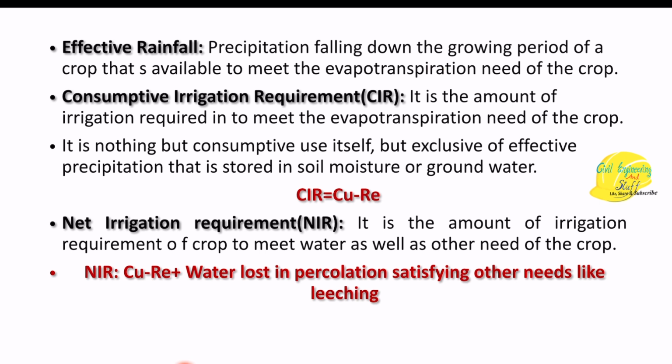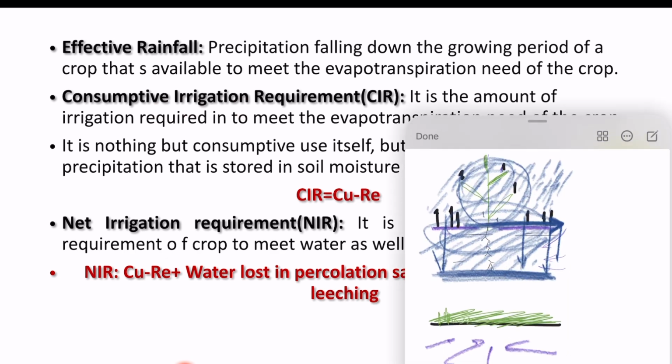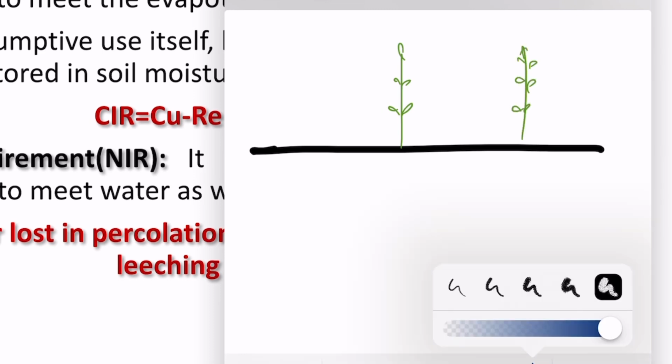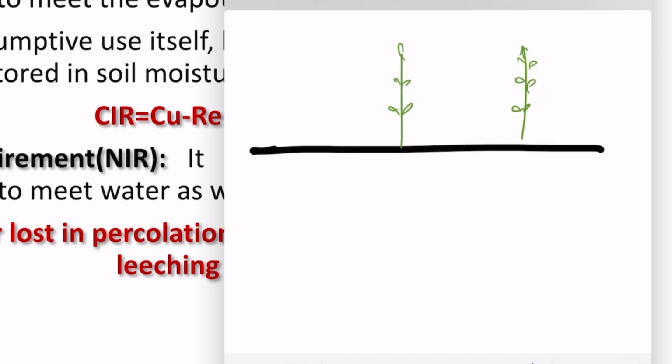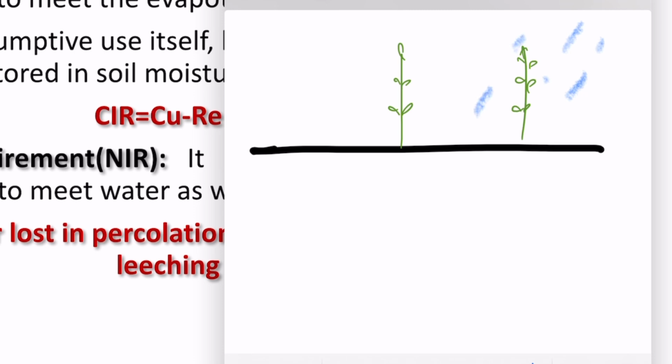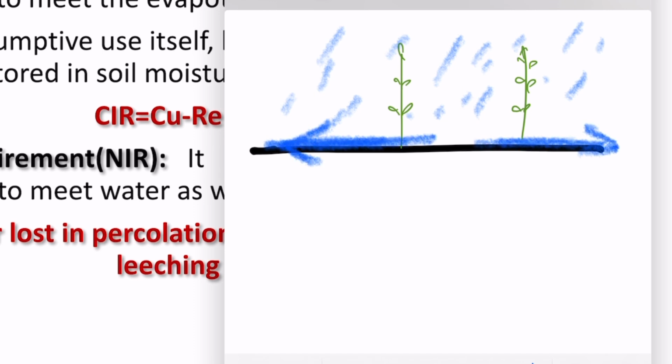That's it. Next we have the consumptive irrigation requirement of the crop. Now, what is the consumptive irrigation requirement of the crop? Let's say this is your crop, right? And the rainfall is taking place, correct? We have right now discussed that part of the water of the rainfall may be lost to the surface runoff.